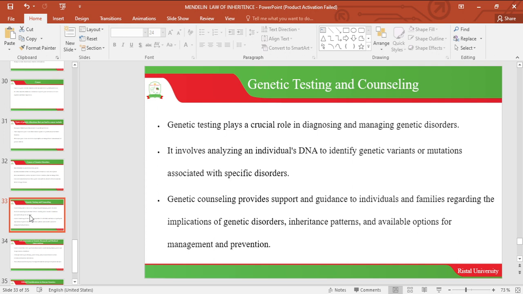Genetic counseling provides support and guidance to individuals and families regarding the implications of genetic disorders, inheritance patterns, and available options for management and prevention.